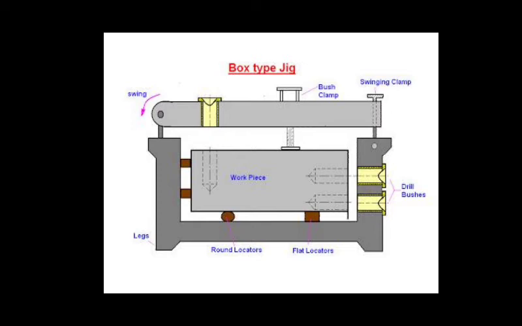Here you can see one side of the jig will be provided with a swinging leaf for loading and unloading the workpiece. Such a jig takes the form of a box.